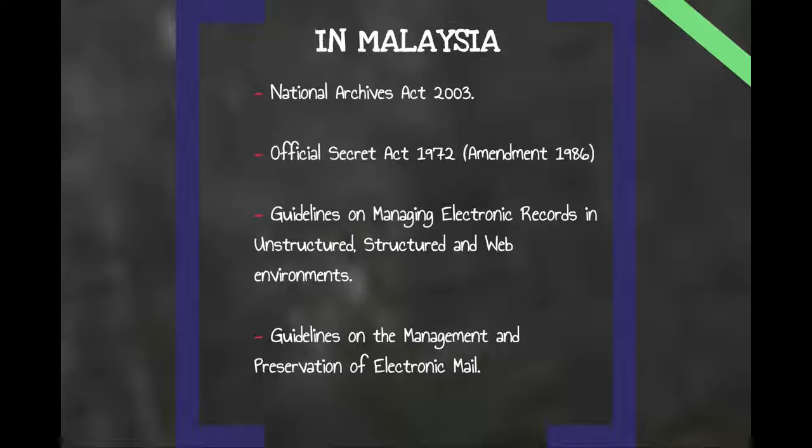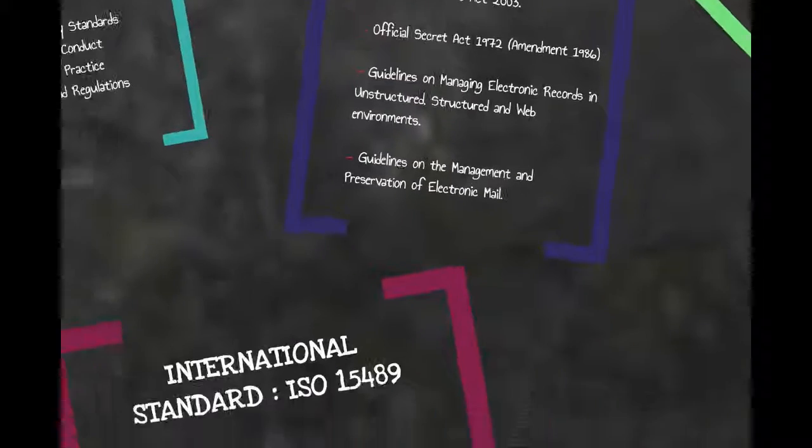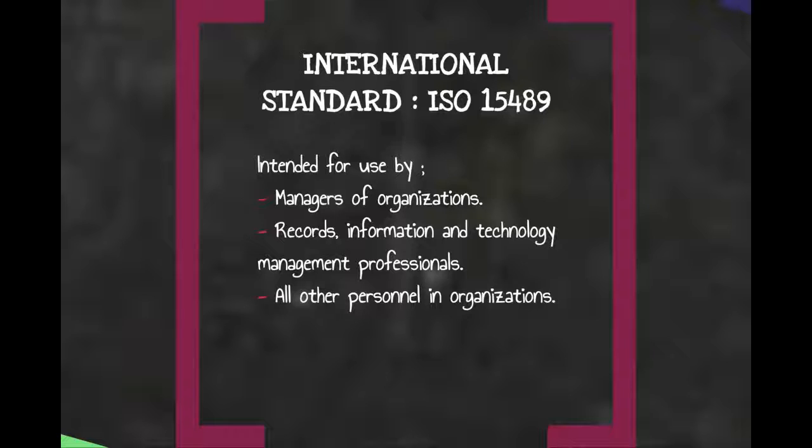For the international level, the international standard ISO 15489 provides guidance to ensure that adequate records in all formats and media are captured and managed adequately throughout their lifespan, and it is the primary good practice and reference model that guides the implementation of records management programs worldwide.